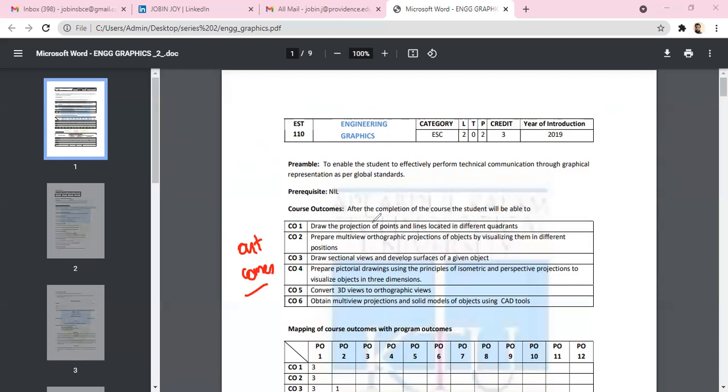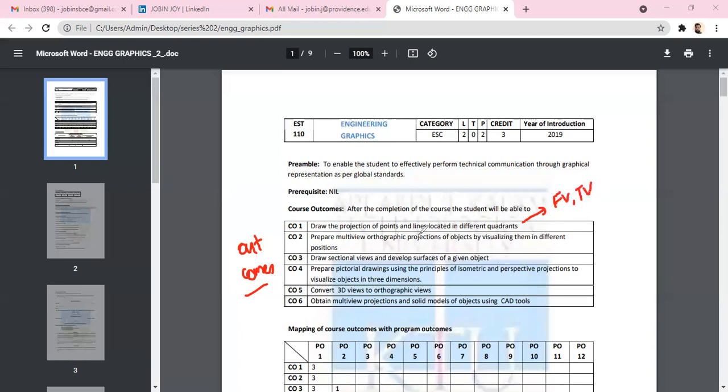The first outcome is to draw the projection of points and lines located in different quadrants. You have to draw the projection of points, that means the different views, front view, top view.